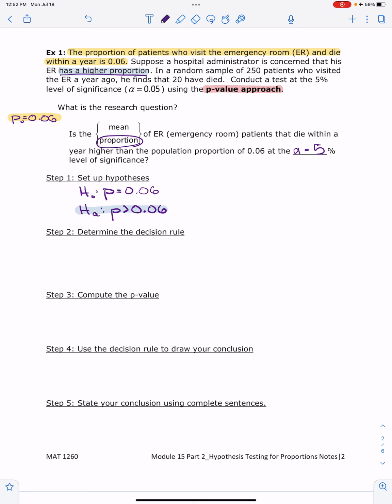And now, we are using a p-value approach, so our decision rule is we are going to reject H naught, our null hypothesis, if our p-value is less than alpha. In this case, if our p-value is less than that 0.05. So think about what that means.